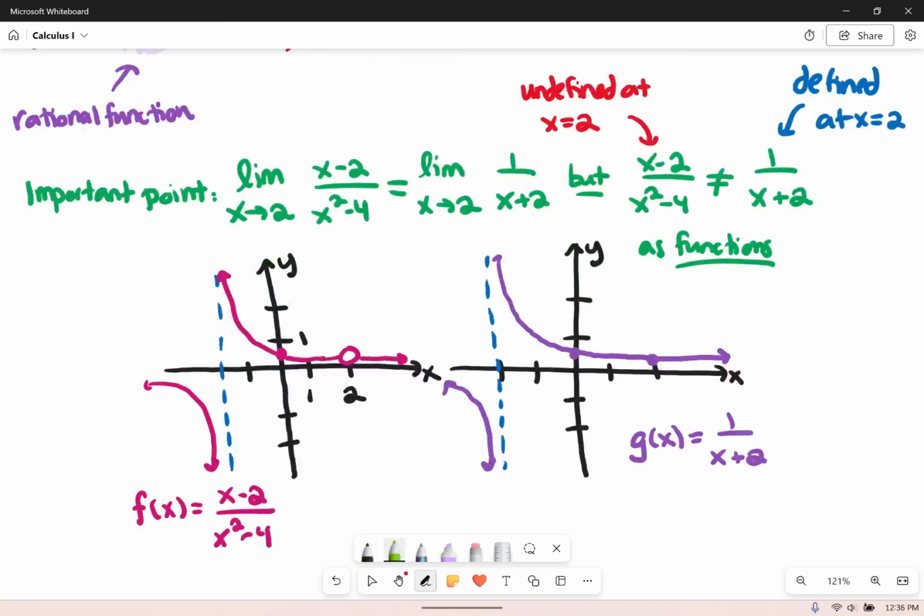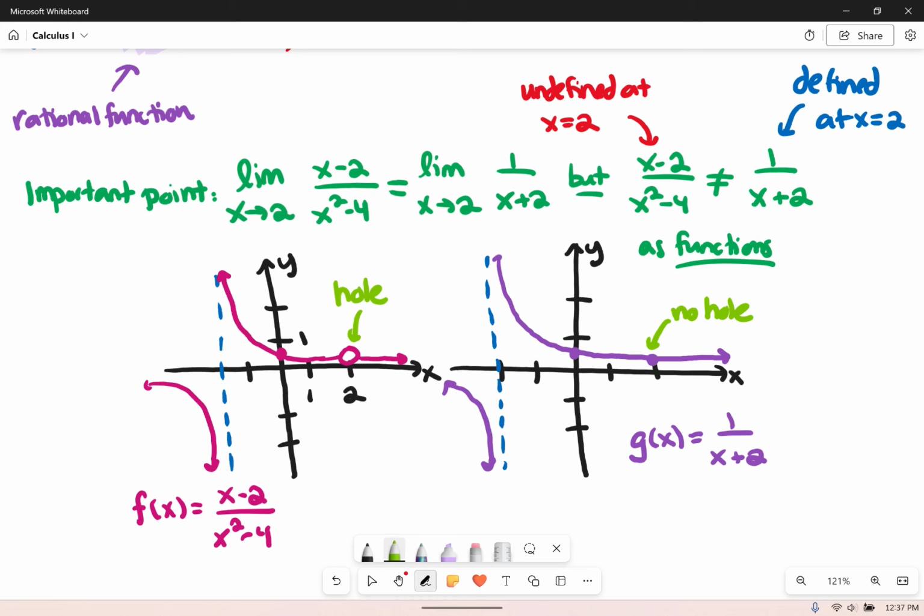If we think back to graphing rational functions from pre-calculus, the function y equals (x minus 2) over (x squared minus 4) has a hole at x equals 2, but the function y equals 1 over (x plus 2) does not. Other than that one tiny difference at x equals 2, these functions look identical.